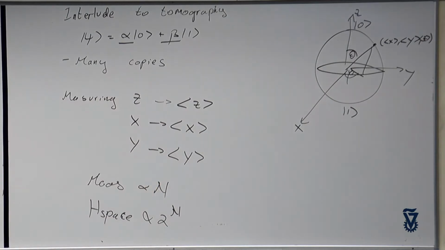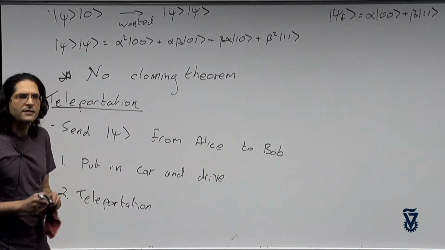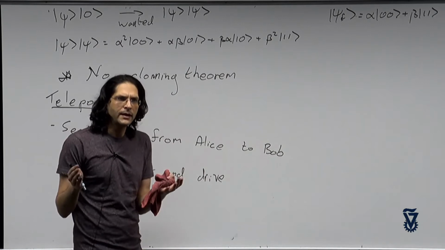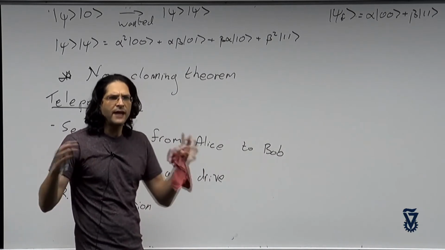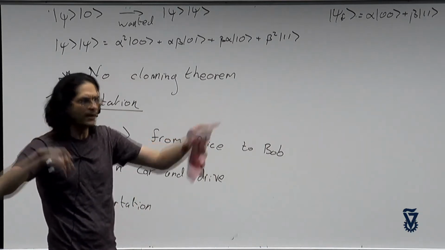Okay. So we want to continue with the teleportation. We talked about the tomography, and we said that we want to teleport. Another thing about teleportation is that, as opposed to having many copies and doing tomography on them, if Alice had 10 copies, she could measure all of those, pick up the phone to Bob and send it to him.